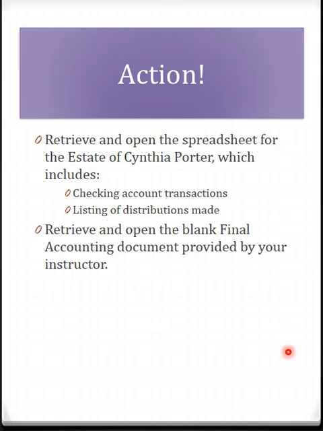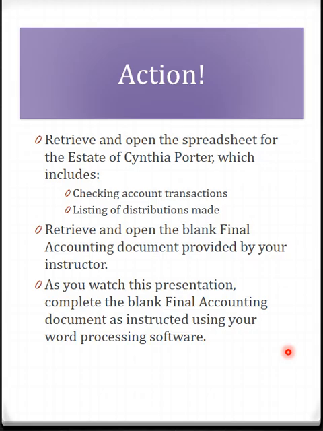So it's blank, it's in word processing format like Microsoft Word, and you need that in front of you, as I mentioned earlier. As you watch the presentation, complete the blank final accounting document as I instruct you to do.